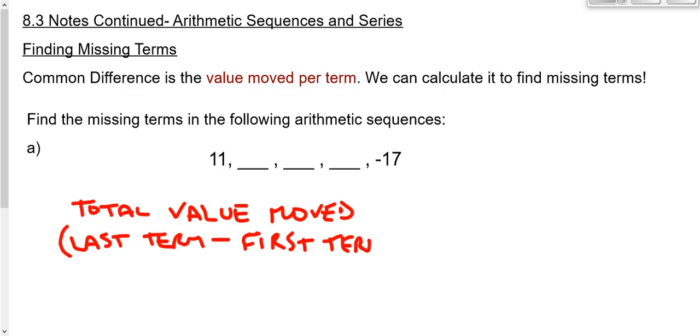And that'll tell us the total distance between those two terms. So my last term is the number -17, and my first term is the number 11, so I'll subtract 11, and the total value that we've moved is -28 spaces. So we started at +11 and we subtracted a total of 28 to be able to reach the number -17. So that's the total value moved.